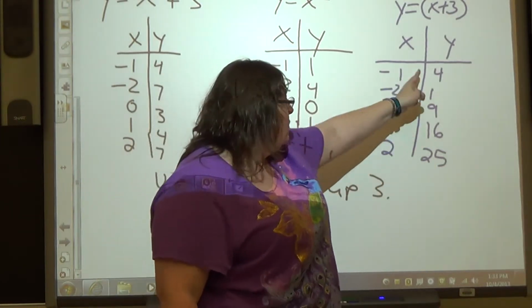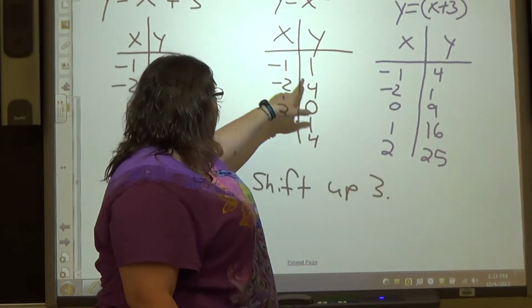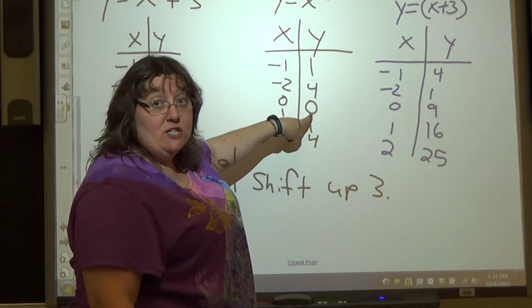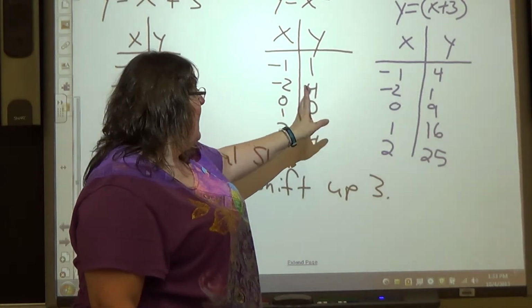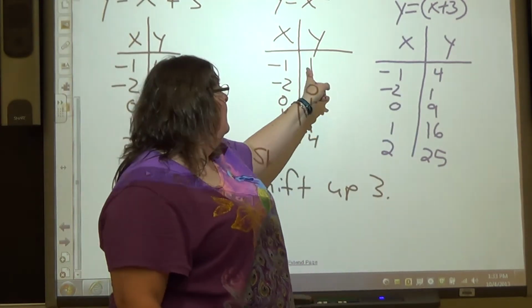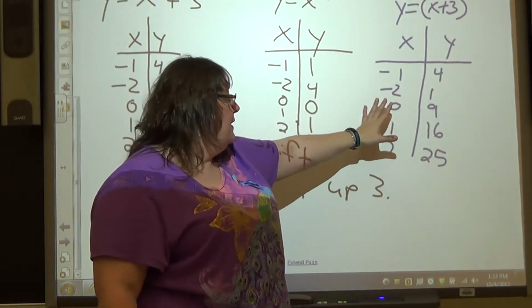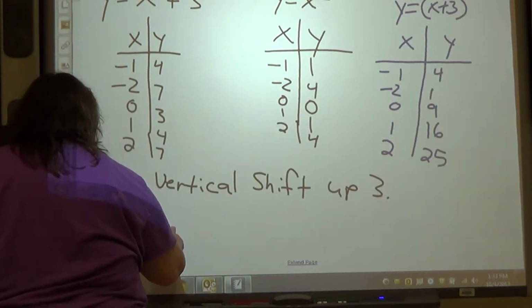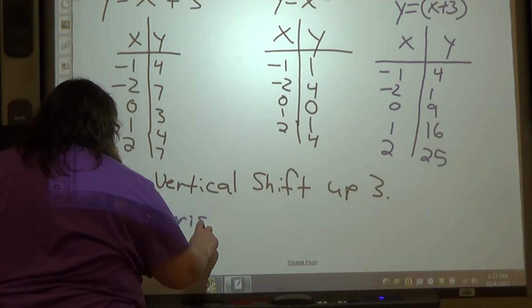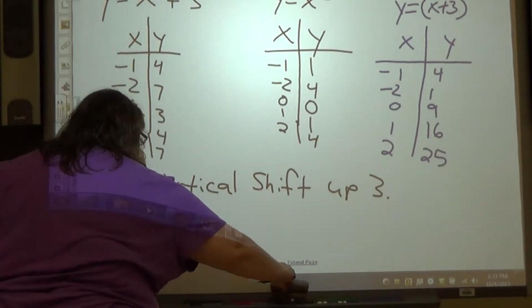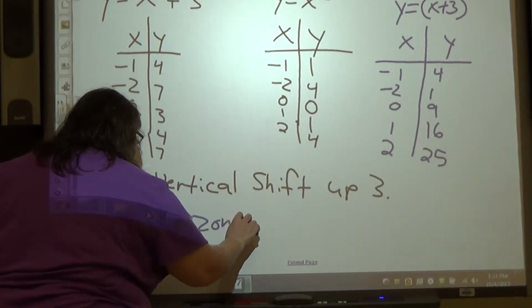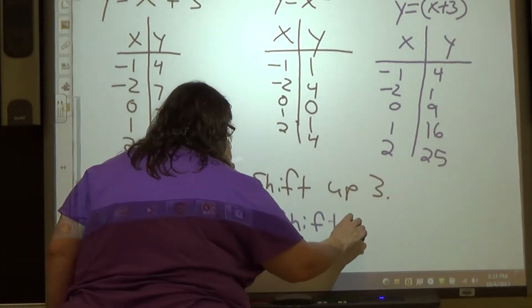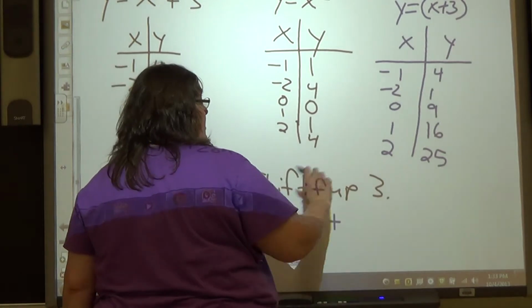Okay, as you can see, it increases, increases, increases. Here, you can see I have a change. 0 is where my graph changes. Okay? So this actually moves it over by 3. So this one is a horizontal shift, which is 3 to the right.